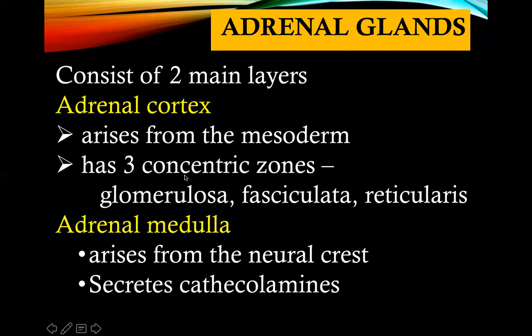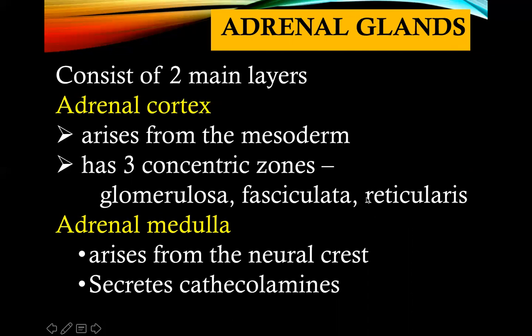and this cortex has three concentric zones or zona. You have the zona glomerulosa, zona fasciculata, and zona reticularis, or GFR. Okay, from outermost we have G, glomerulosa, fasciculata, and reticularis. The adrenal medulla is the innermost portion of the adrenal gland, and this is adherent with the zona reticularis.